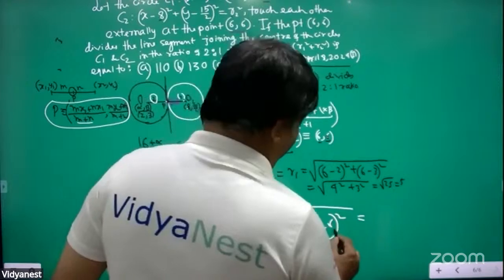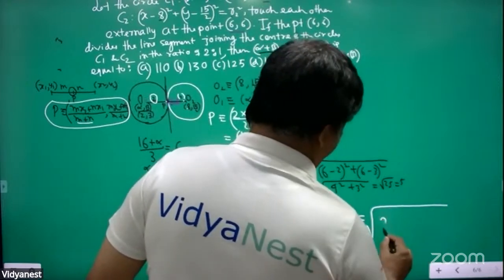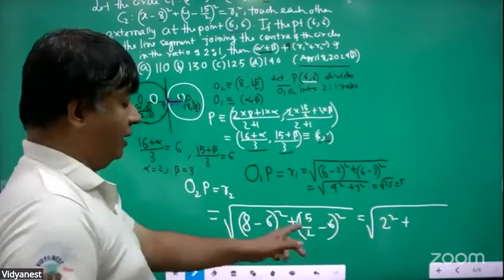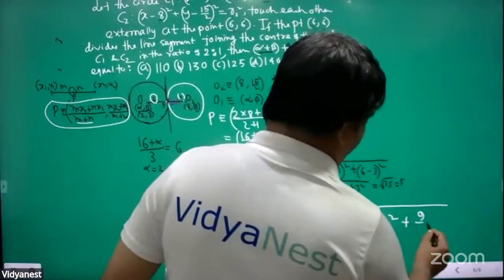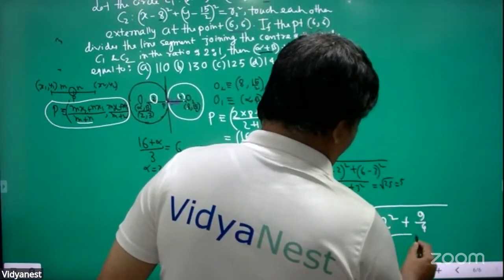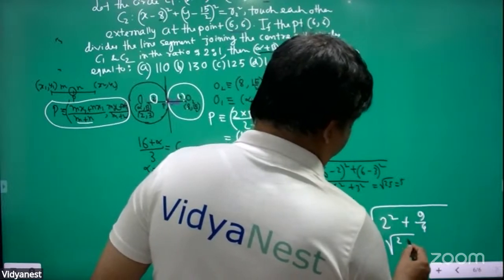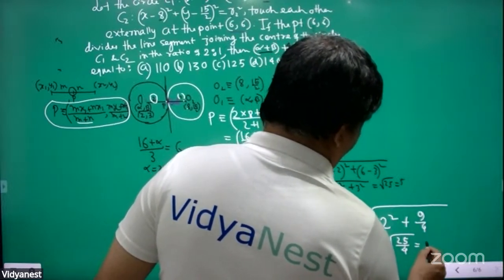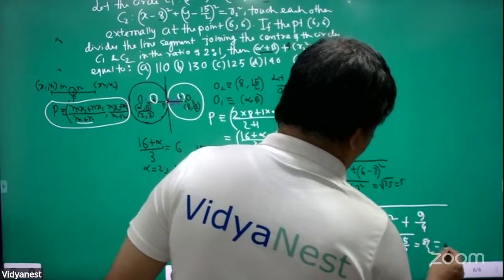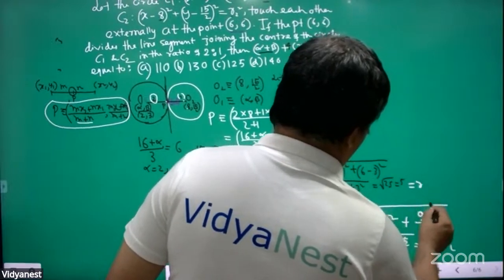That is 2 square plus 9/4, which by calculation, straight approach, gives 5/2. So that is R2, and that is R1.